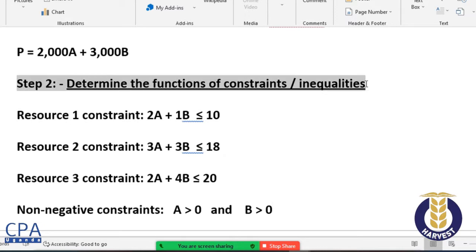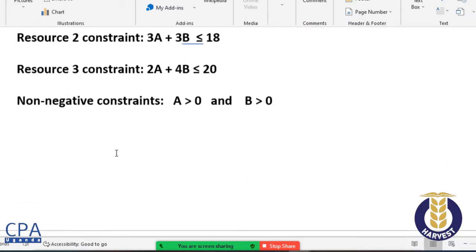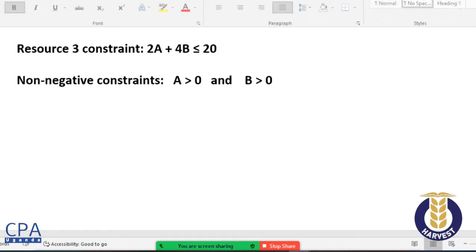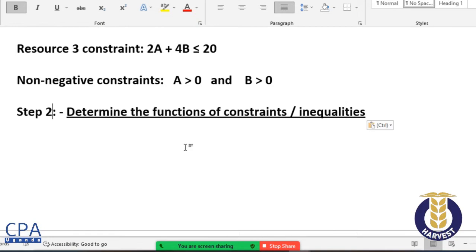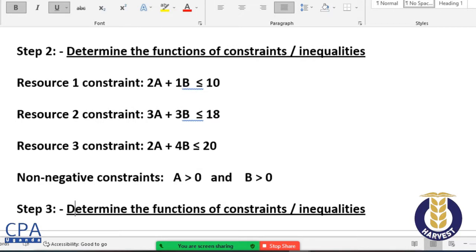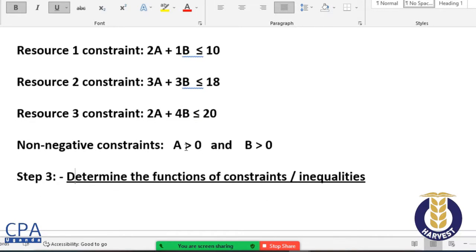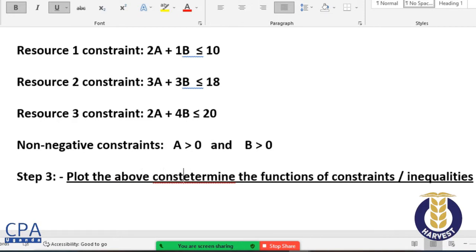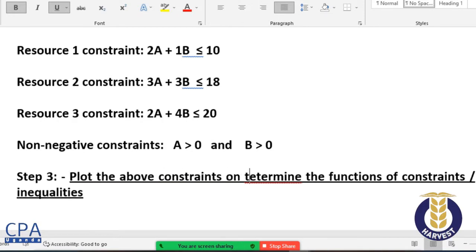So we move into step number 3, where we are going to now plot. We shall sketch the above constraints on a graph. We are going to sketch, or I can simply say plot, the above constraints on the graph.